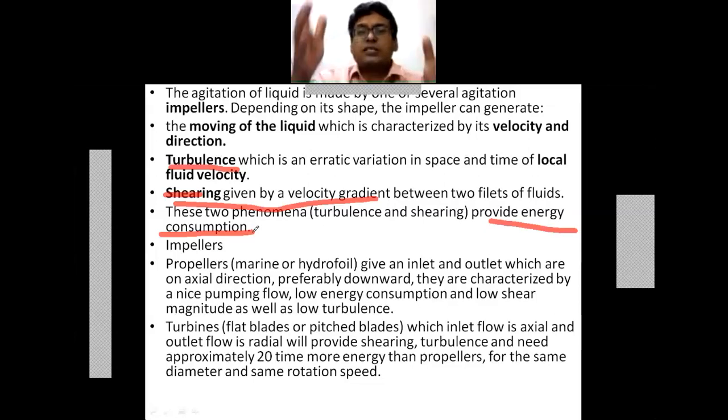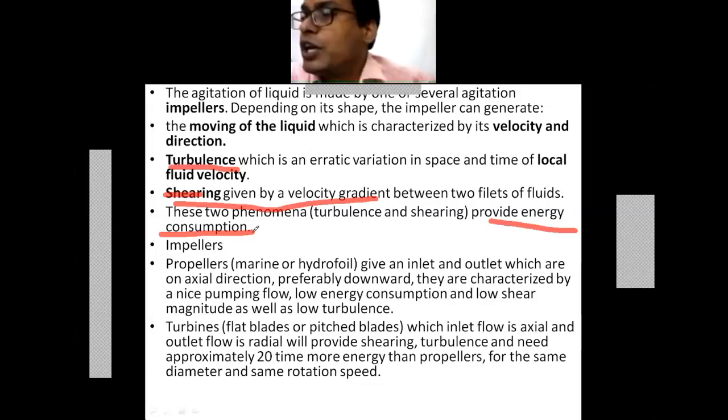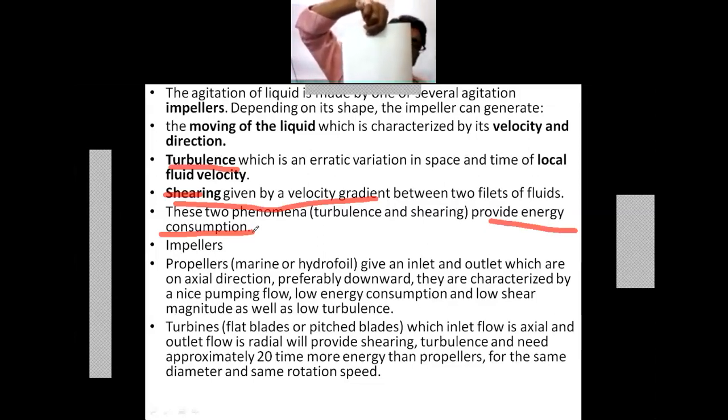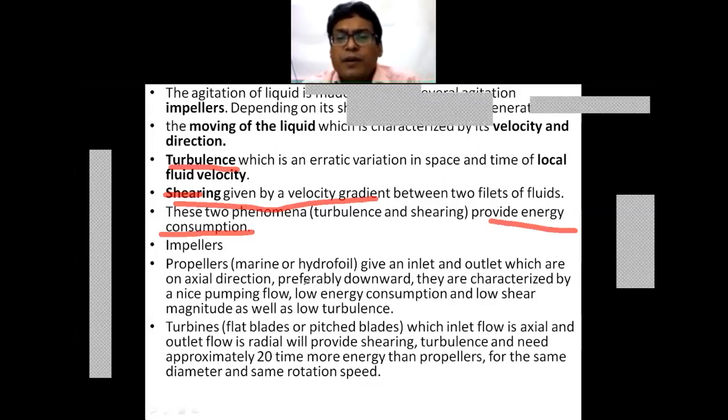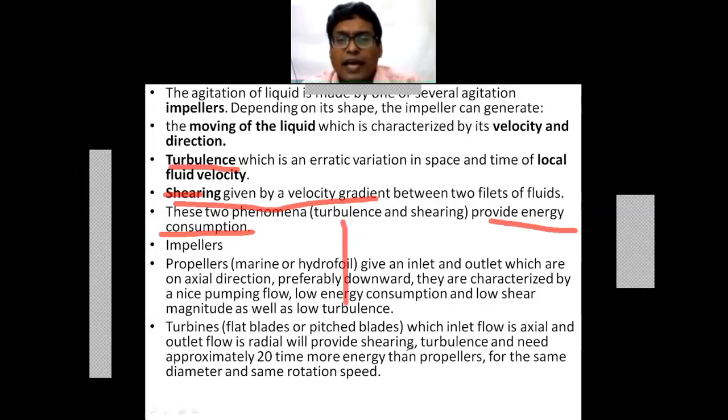Axial direction corresponds to the vertical alignment, generally along the axis. Whenever there is an axis, we have axial stresses parallel to the axis of the vessel. So it is the axial direction, preferred in the downward direction. These are your propellers.